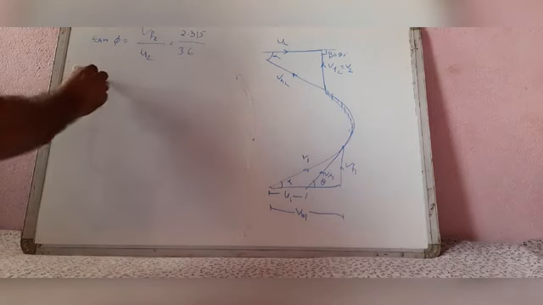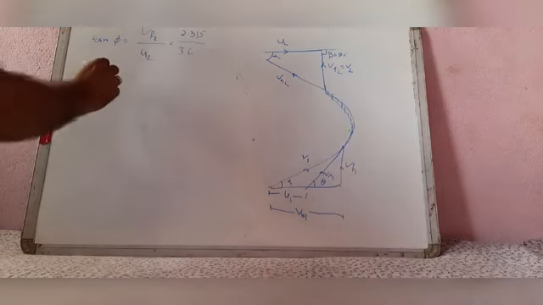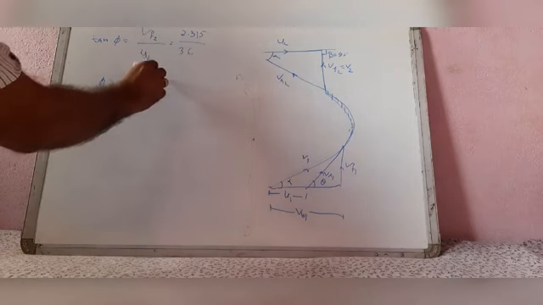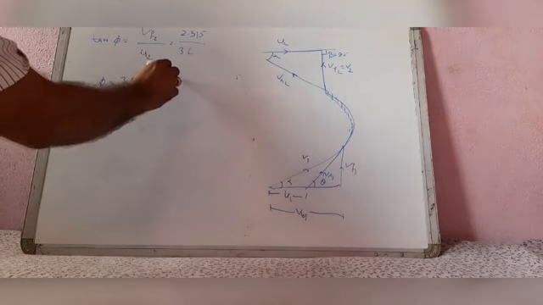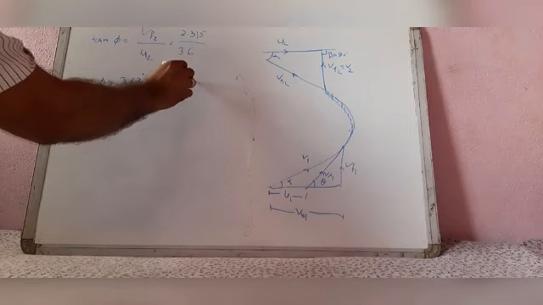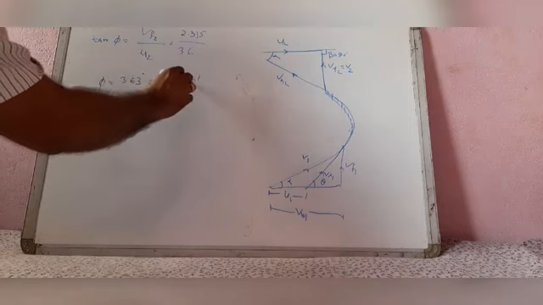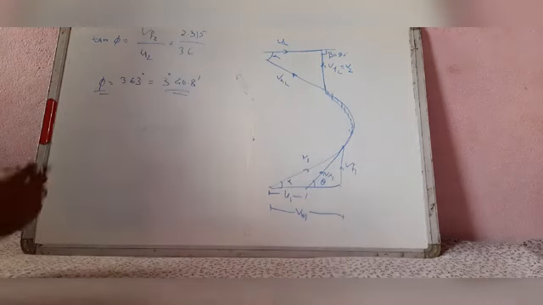So the value of phi comes 3.63 degree or 3 degree 40.8 minute.